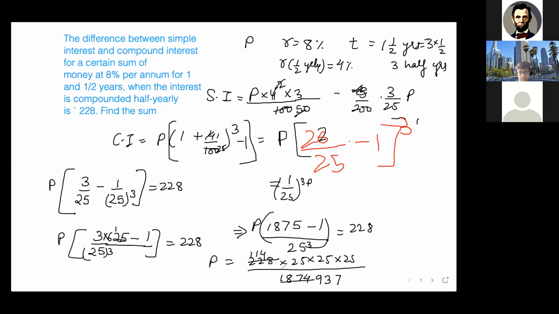What will divide this? Just calculate numerator and denominator.